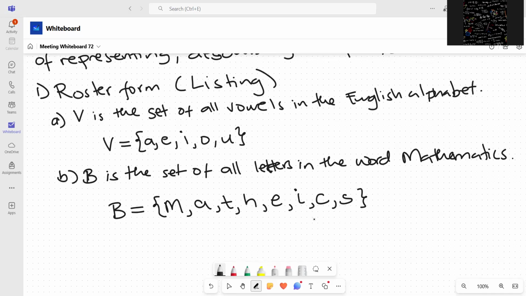Elements must be distinct. That means they cannot be repeated. You cannot write the same element twice, even though it is being used twice in the word. It must appear only once. Okay, so I hope that one is clear.